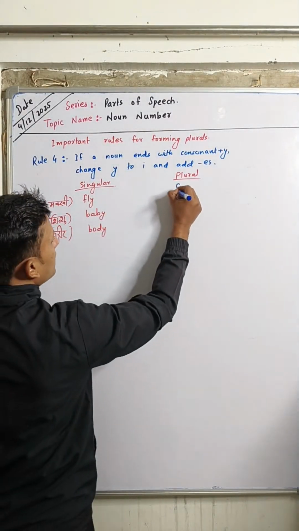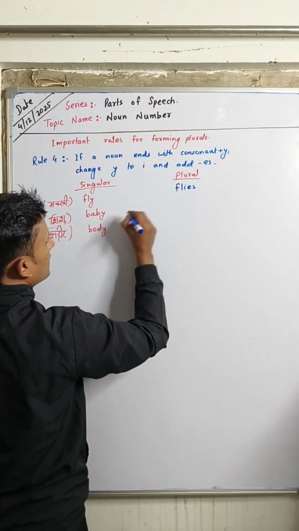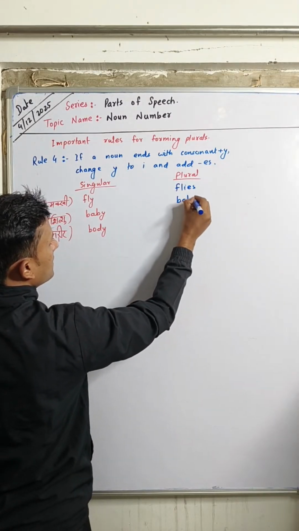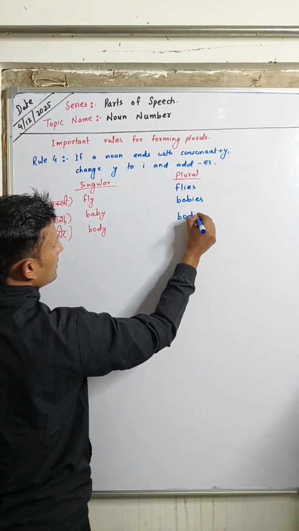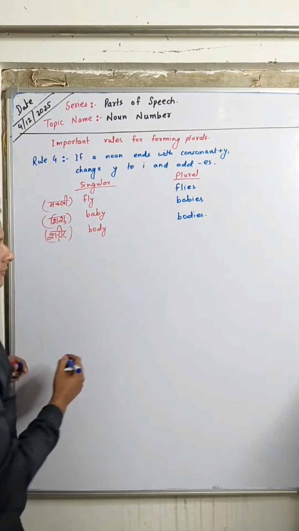So fly will become flies. Baby will become babies. Body will become bodies, right?